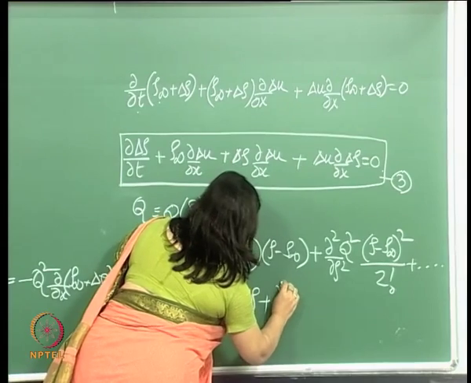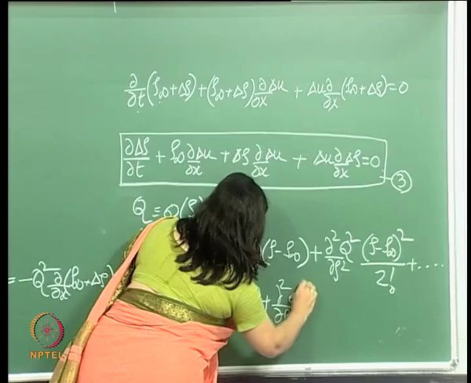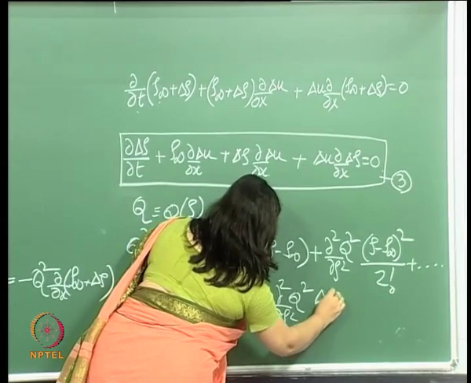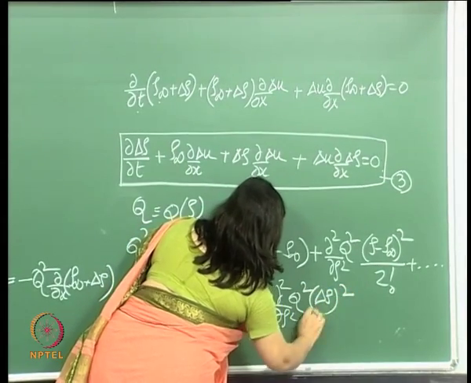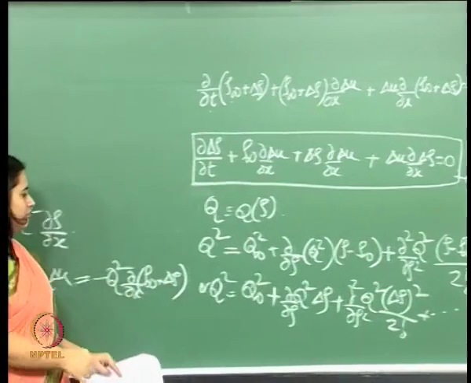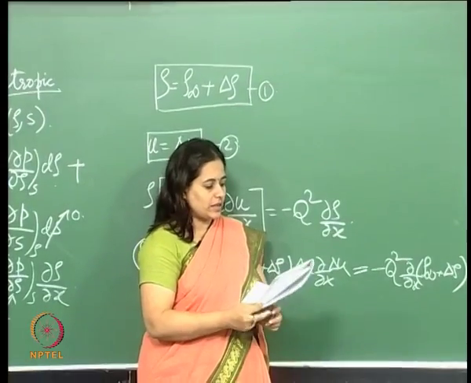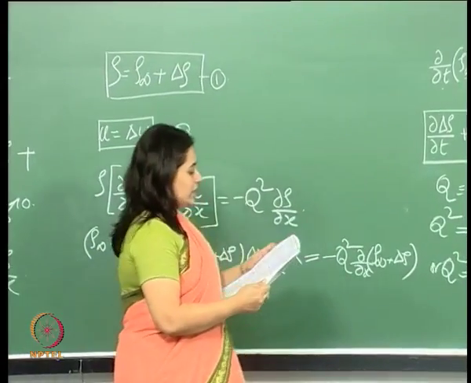So, then this becomes, right. So, q square is something that I can write like this.